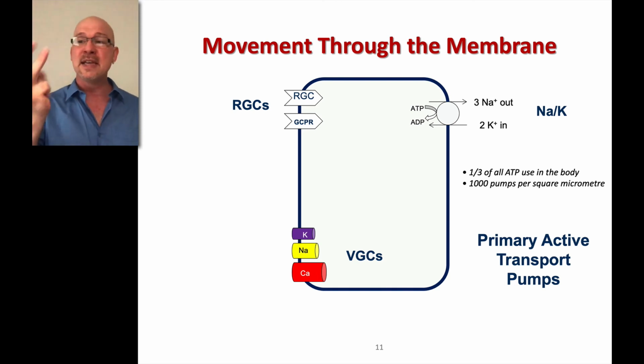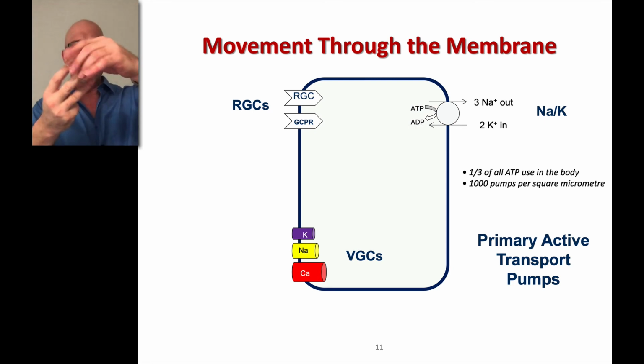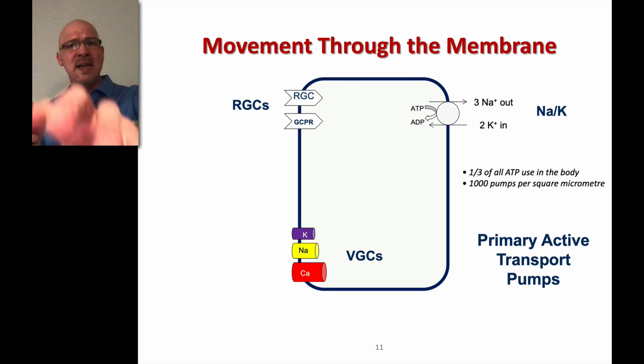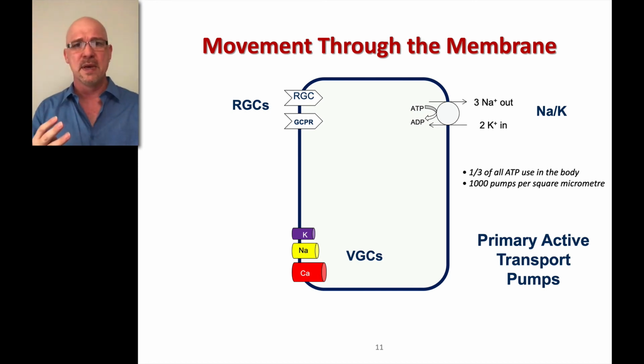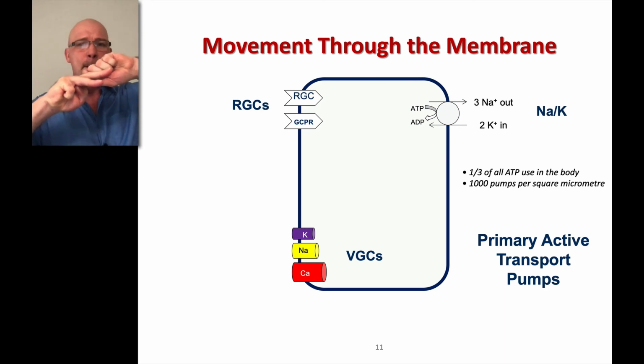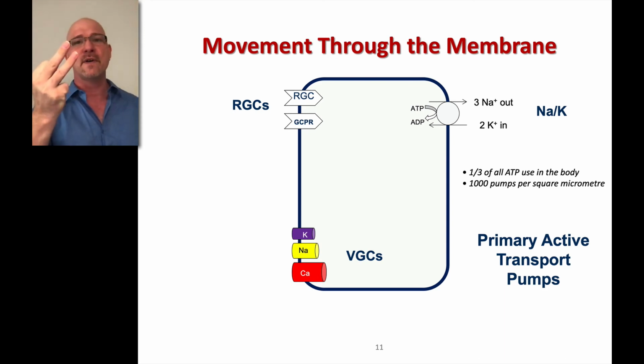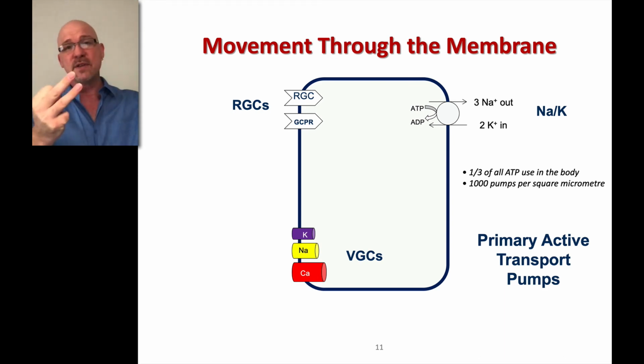So this fully charged battery, adenosine triphosphate, comes along with its 3 phosphates welded on, and it comes up against one of these pumps. And when it comes up against one of these pumps, the pump goes, "Thank you very much, I'll take one of those," and it pulls off a phosphate. And in the process of pulling off a phosphate, it releases a whole bunch of energy.